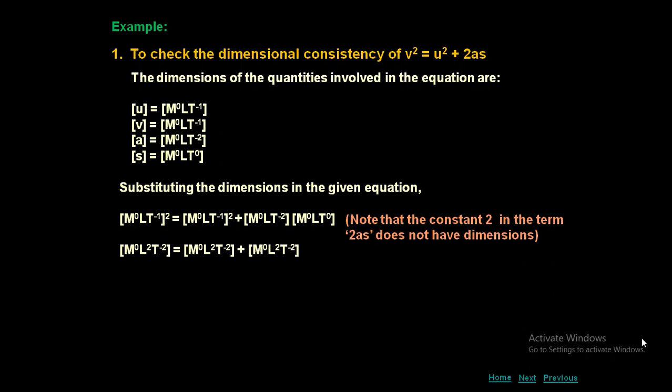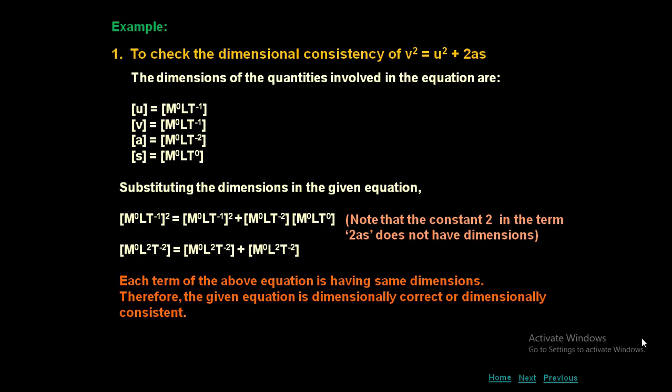Now if you calculate, you have M to the power 0 L square T to the power minus 2 is equal to M to the power 0 L square T to the power minus 2 plus M to the power 0 L square T to the power minus 2. Now you can see all three, v square, u square and 2as, have the same dimensional formula. This is called principle of homogeneity. That means here this equation is correct. Each term of the above equation has the same dimensions. Therefore, the given equation is dimensionally correct or dimensionally consistent.